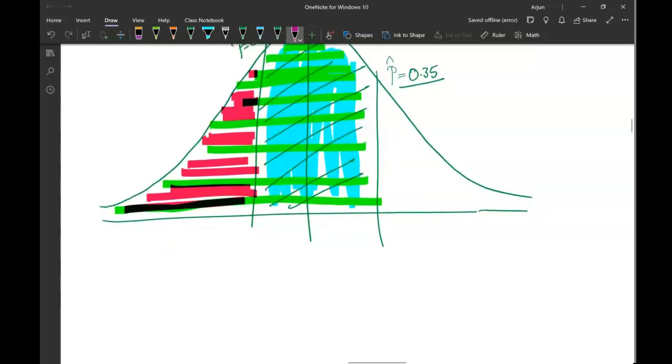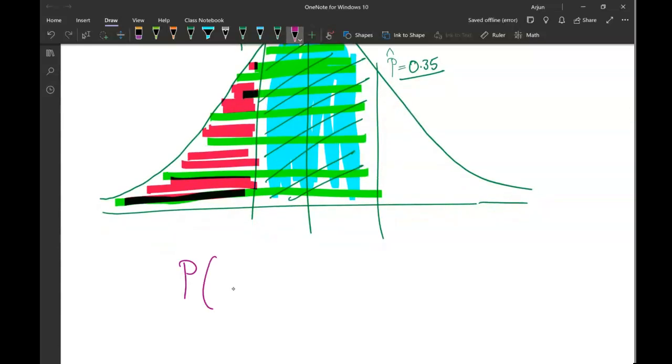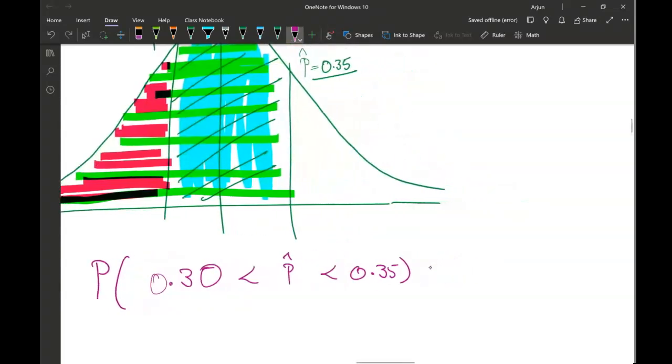So how am I going to write it? I will write the probability of 0.30 less than p hat less than 0.35. That's what I'm looking for.